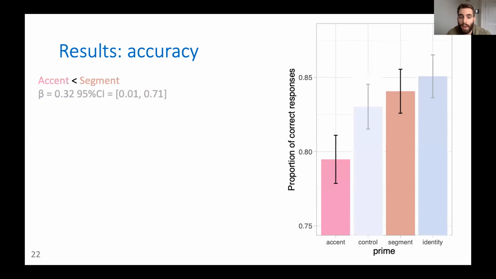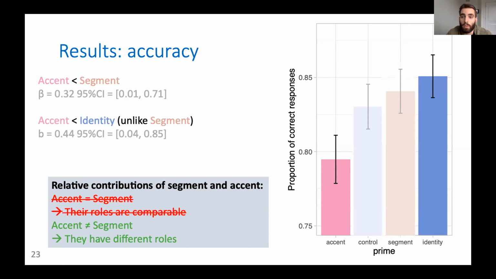But if we compare to accent primes, we see a credible difference between accent and segment, where accent primes are responded to less accurately. And comparing accent to identity primes, which should be the most facilitatory, we see another clear difference, which we can compare to the absence of a difference between what we see for both segment and identity primes.